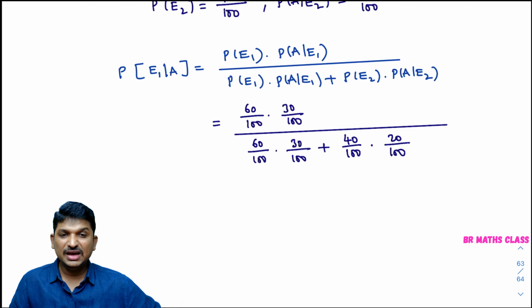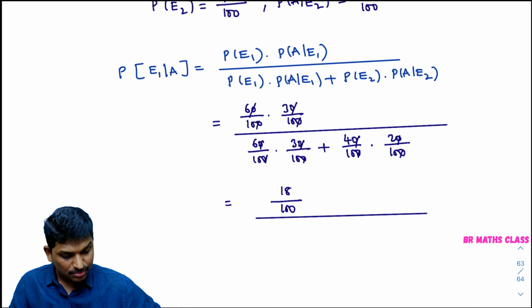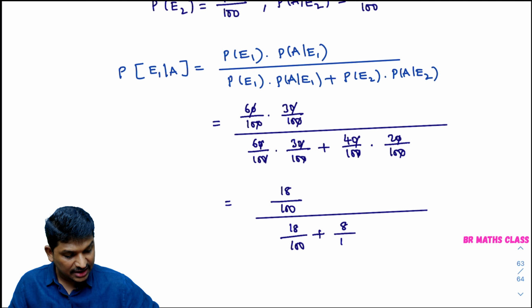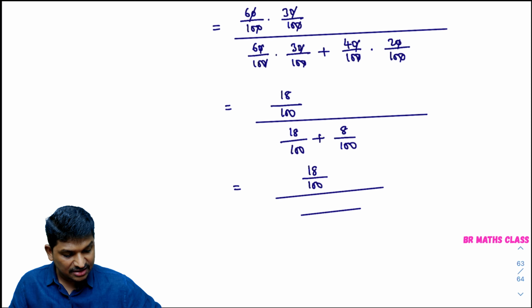If we simplify, actually these zeros we can cancel. Right? Cancel these zeros. Good. What you will get in the numerator: 18 divided by 100, whole divided by 18 divided by 100 plus 4 2s are 8 divided by 100. Okay, so 18 divided by 100, whole divided by, in the denominator LCM is 100.